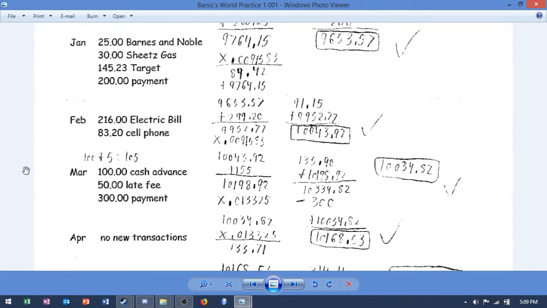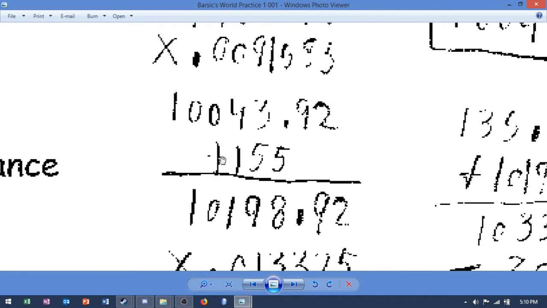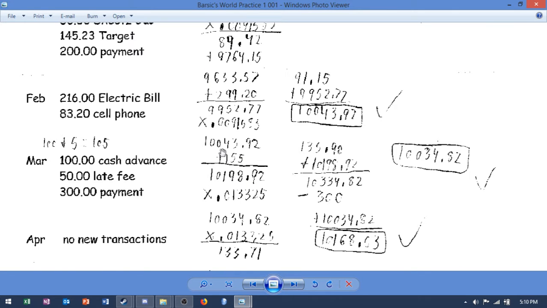Because this is 105, hang on, let me find it. Because this is 105, and this is 50, it'd be 155. So you add, I believe this is it over here. Yeah, you just can't see it, but I'm pretty sure that's a plus. Yeah, it is.